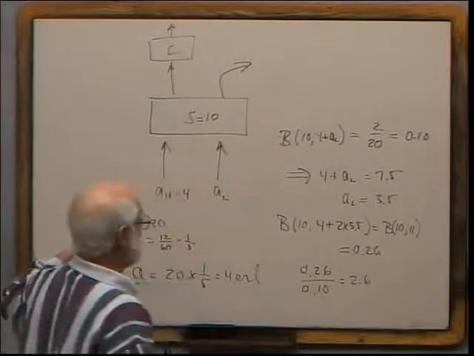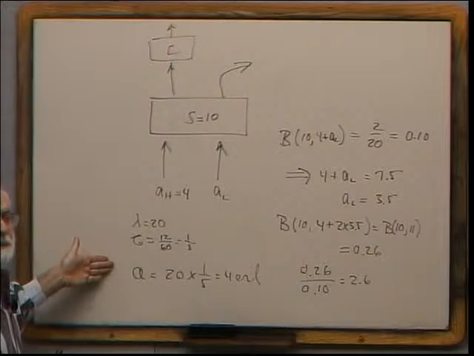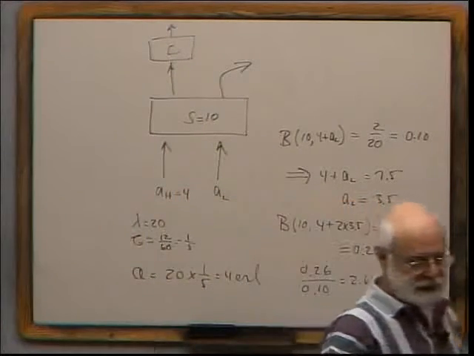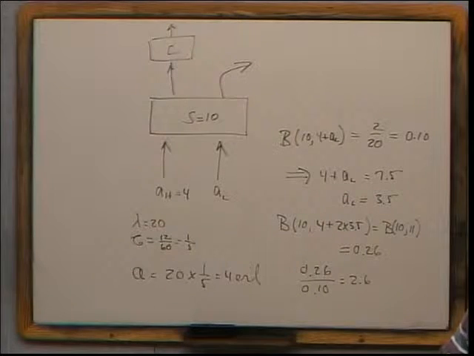Okay, now part B asks this. It says, if the overflow group handles the overflow traffic on a BCC, blocked calls cleared basis, is it legitimate to use the Erlang loss formula to decide how many servers to provide in the overflow group?